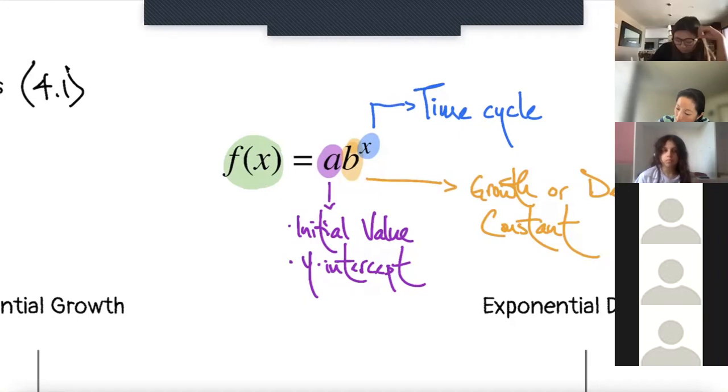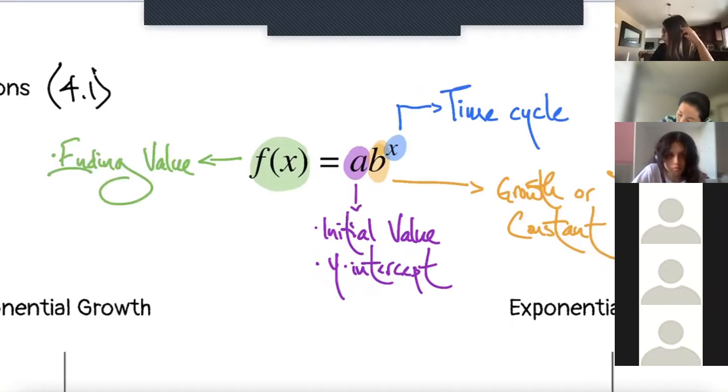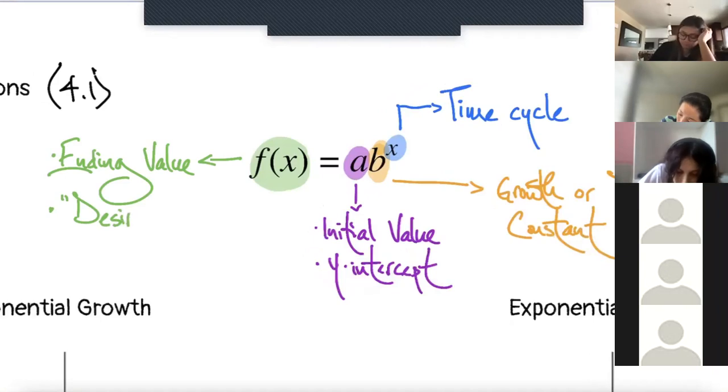All right. And so in a word problem, what is that going to tell us? Well, it turns out that this f of x is going to tell us about our ending value. So it's not the initial value like A, but it's an ending value. But sometimes we think about that also as a desired value. Okay.